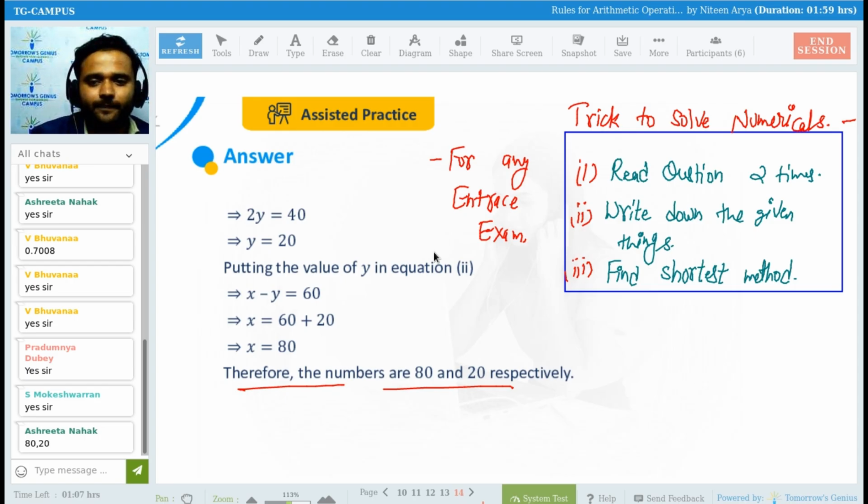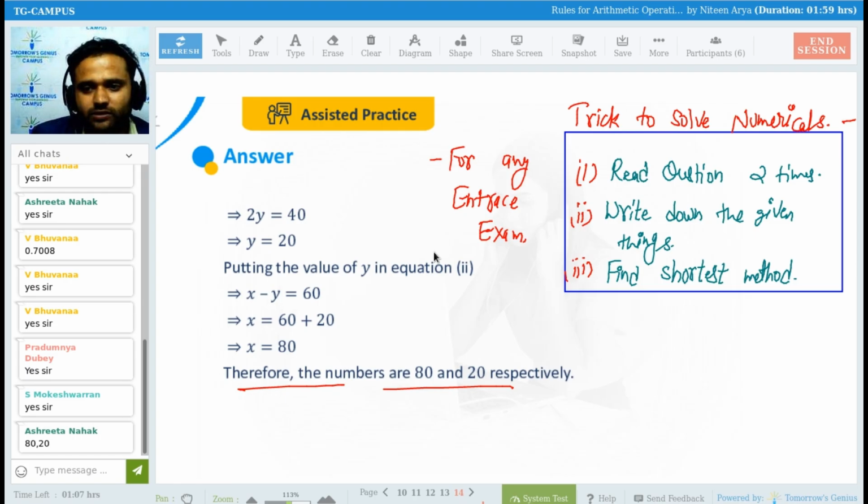Clear na, everyone? So obviously that is how you need to practice specifically for any entrance exam. Obviously you need to know how to write in a subjective paper, how to write the lengthy thing, but specifically to solve any numerical for any entrance exam, it is general for maths, for chemistry, for physics, for bio. Clear na? Read the question 2 times.